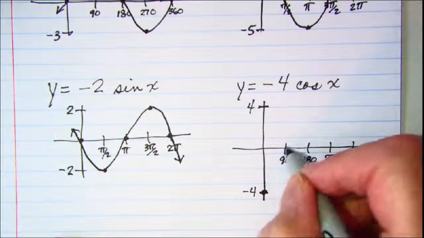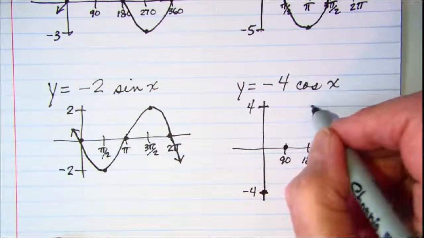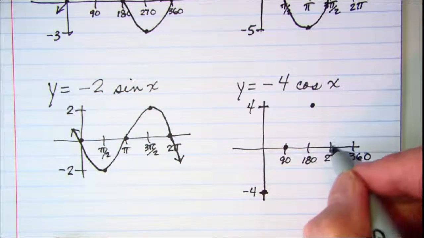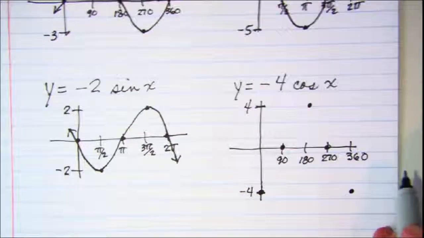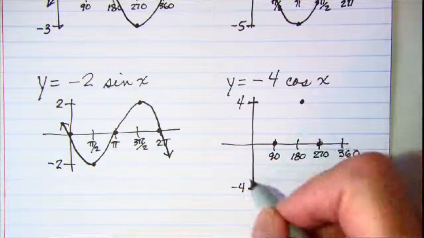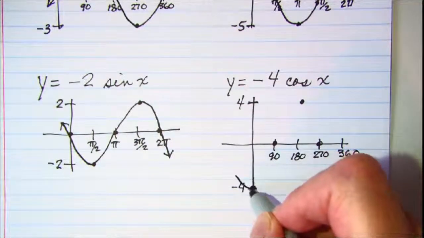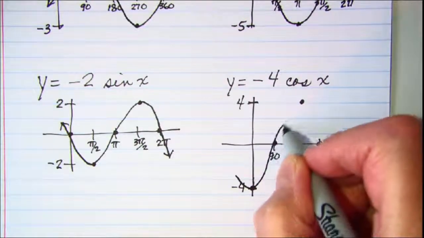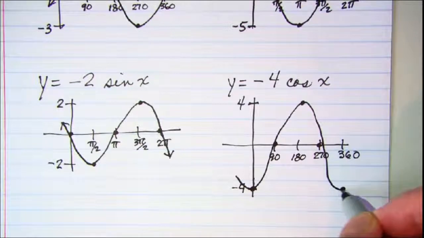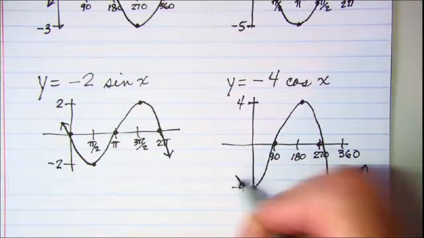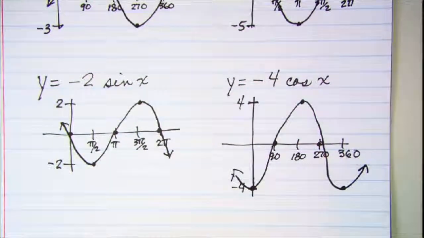I'm going to hit the center line at 90, hit the maximum here at 180, hit the center line at 270, and then hit my minimum at 360. So my cosine curve looks sort of like that.